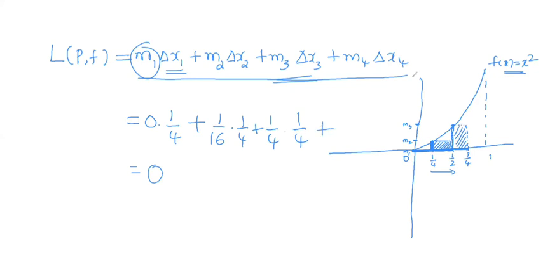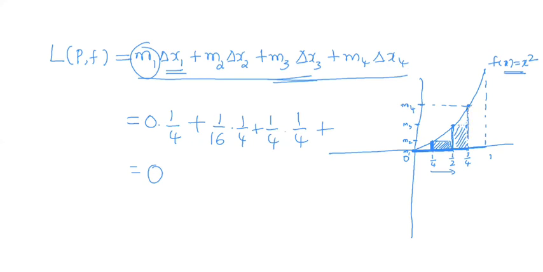Next, come to the fourth term. m4 into delta x4. Here m4 is the least value of f of x in this interval, and it corresponds to the least value of x in this interval, which is 3 by 4. Corresponding to that x value, you will get m4.